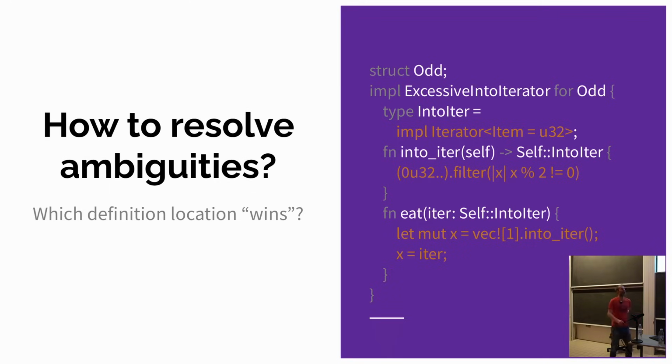Some implementations of eat could be written in such a way that it doesn't dictate a defining use. For example, if the implementation of eat only ever makes use of the fact that it is an impl Iterator and nothing else, there's no ambiguity here. So this pattern is not inherently problematic.